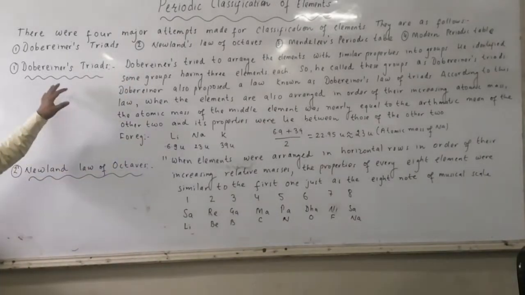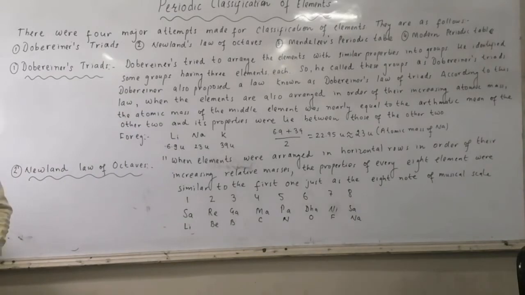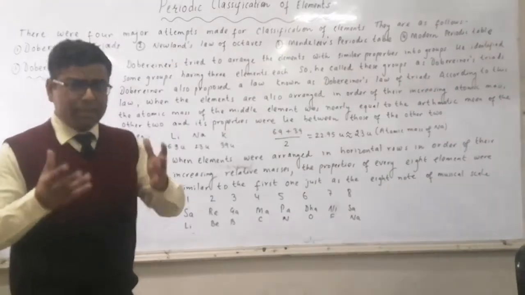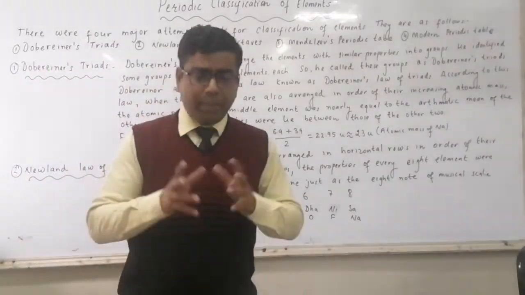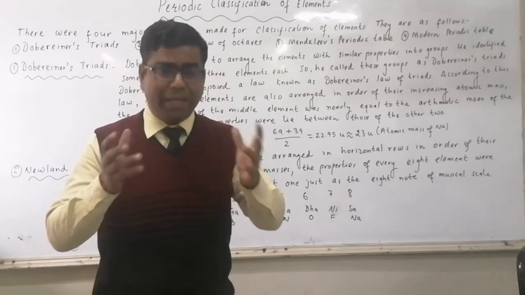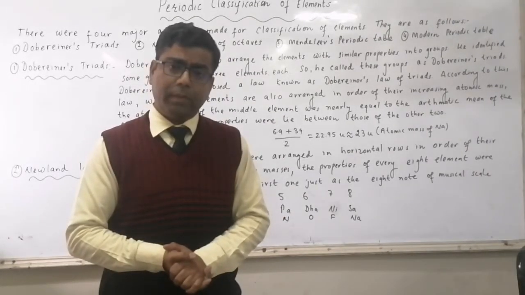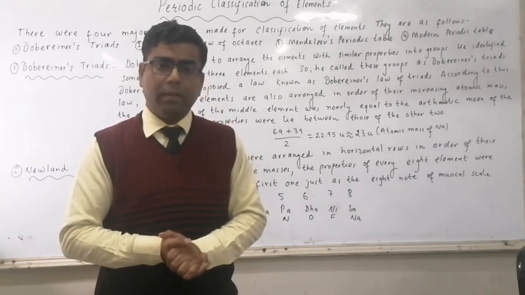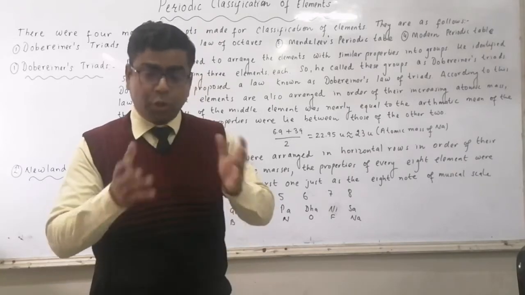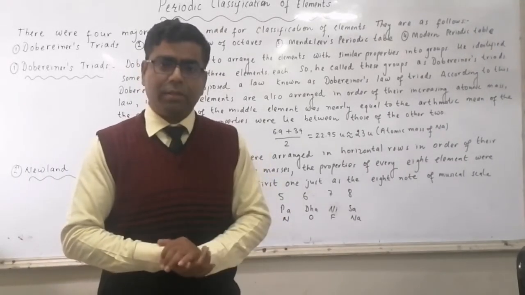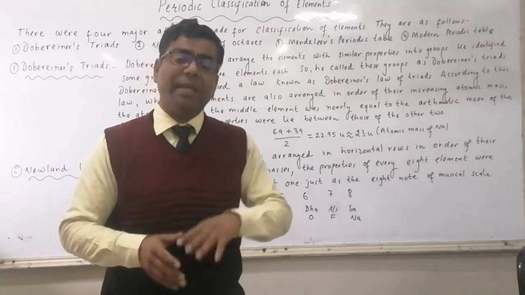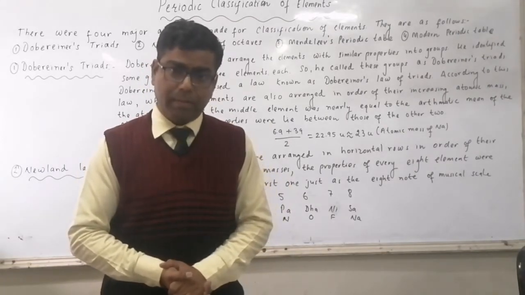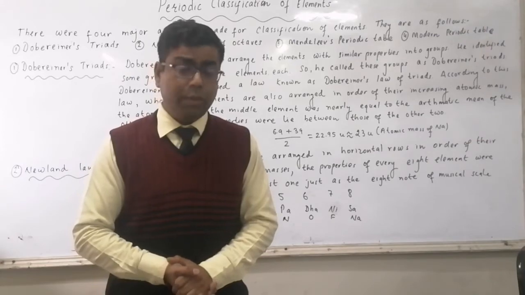So what are Dobereiner's triads? It's very simple. Dobereiner made a group of 3 elements, and in this group the elements are placed according to their increasing atomic mass. And what you observed?